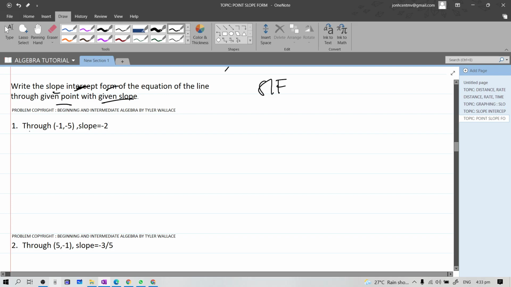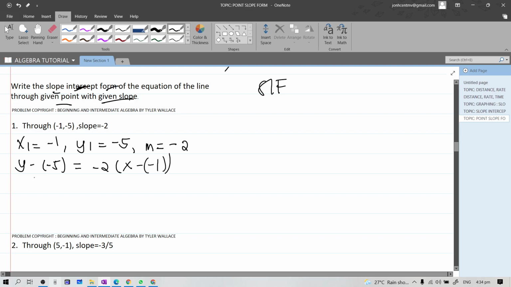So, for number 1, we have (negative 1, negative 5), slope of negative 2. So, your x sub 1 is negative 1, your y sub 1 is negative 5, and your slope is negative 2. Okay? So, that is y minus y sub 1, which is negative 5, is equal to negative 2 times x minus negative 1. So, we will have y plus 5 is equal to negative 2x plus 1. Then, since it's slope-intercept, it becomes y plus 5 is equal to negative 2x minus 2.